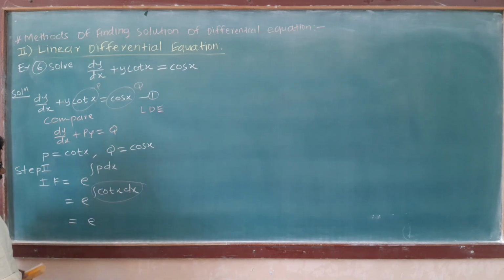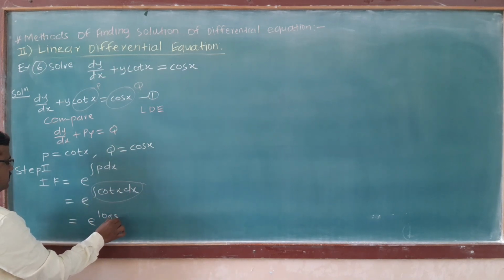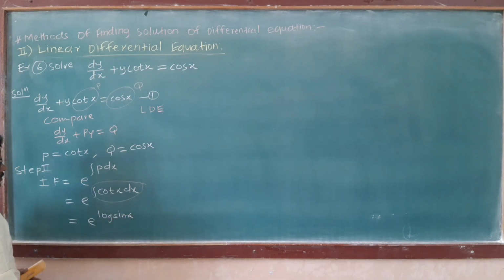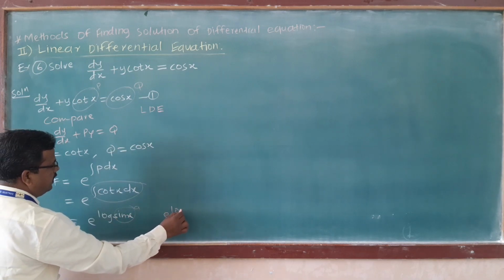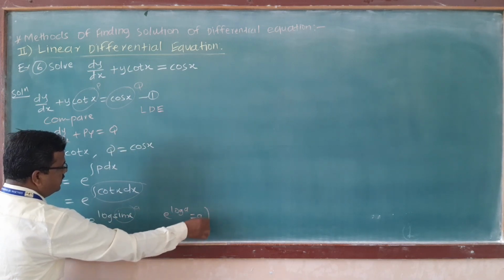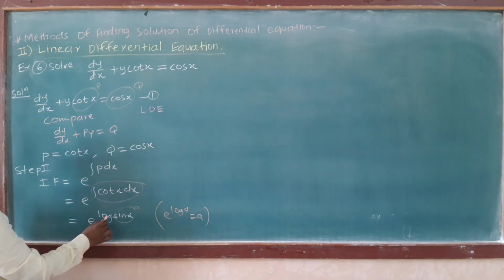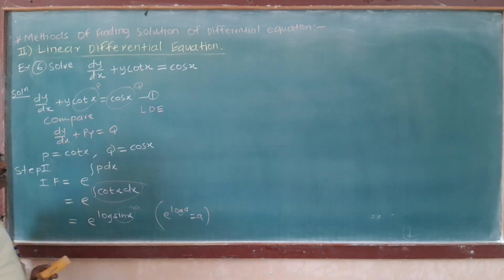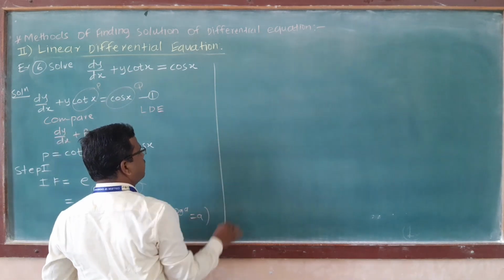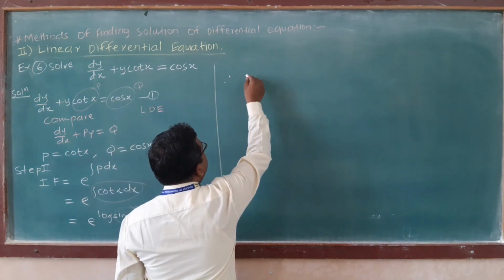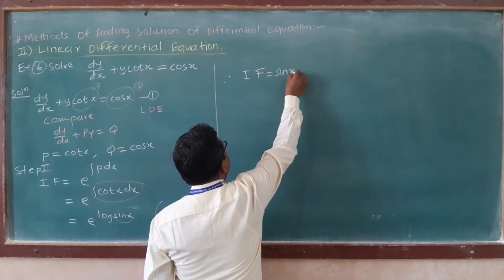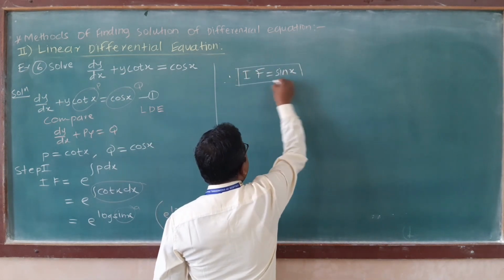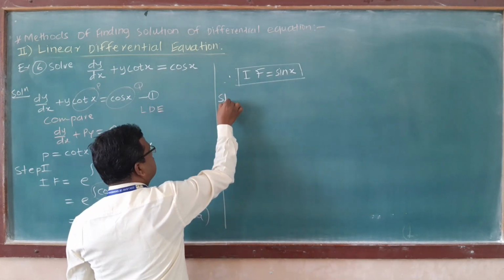Integration of cot x is log of sin x, a standard formula. Now e raised to log of a we write as a. So e raised to log of sin x will be sin x. Therefore we get IF is equal to sin x.